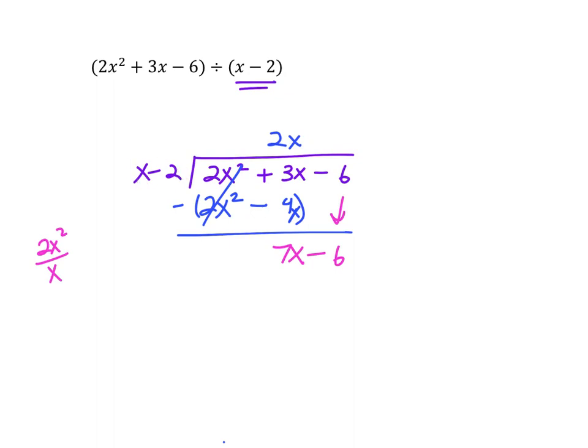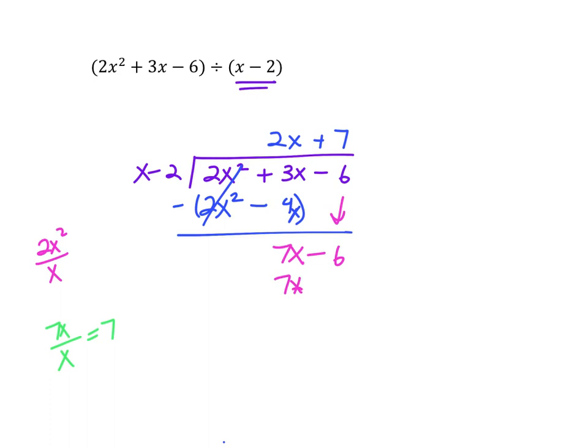We're going to divide it by the x minus 2. So start with the first term, 7x divided by x. So over off to the side, 7x divided by x is 7. So we're just going to put plus 7. And then we have to multiply 7 times the x minus 2. So first we do 7 times x, which is 7x.